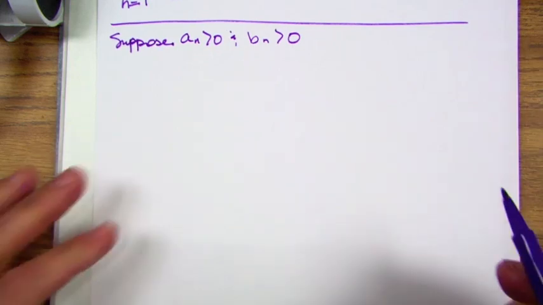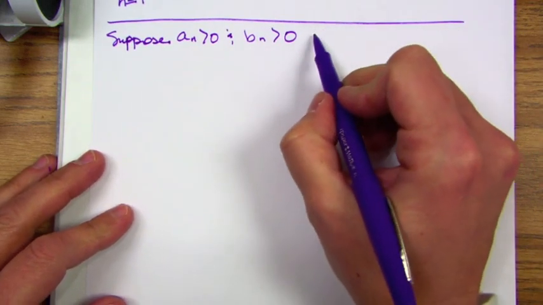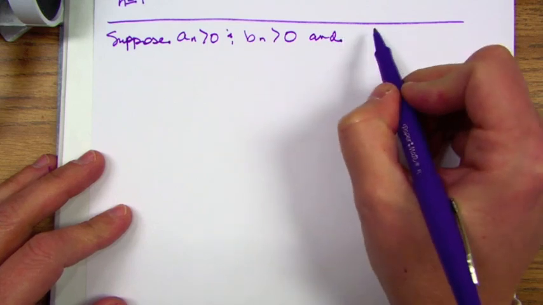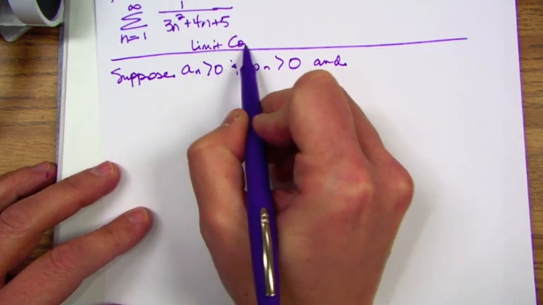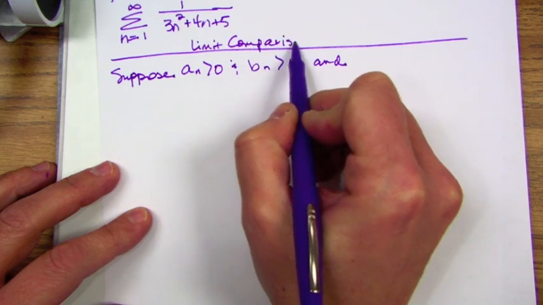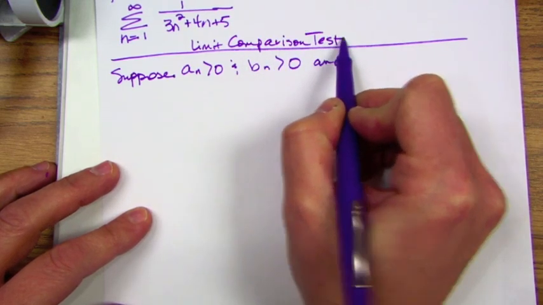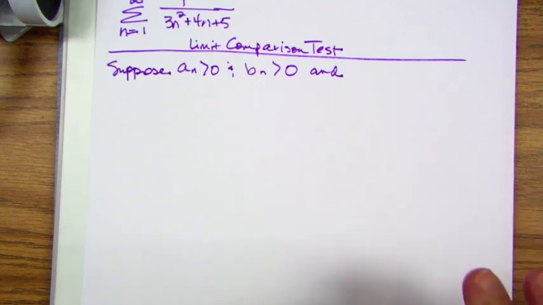Suppose a sub n is greater than 0 and b sub n is greater than 0. Wait, is this the one? Yeah, I'm sorry, this is the limit comparison test.